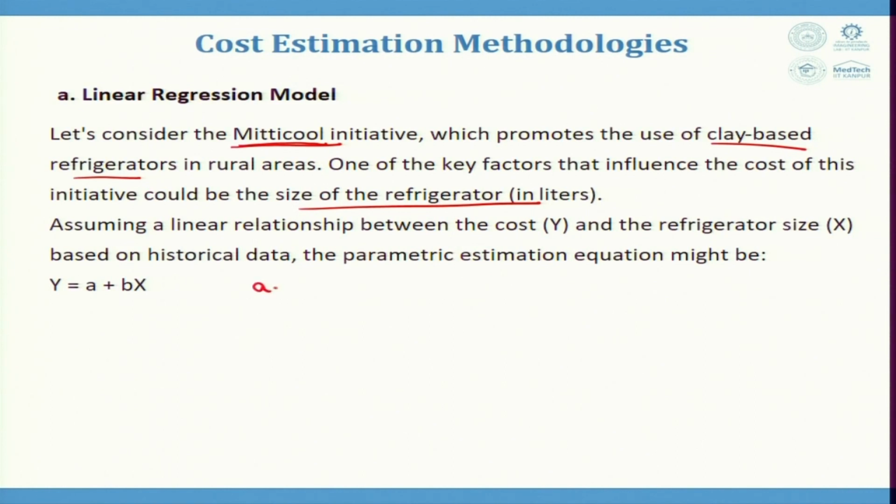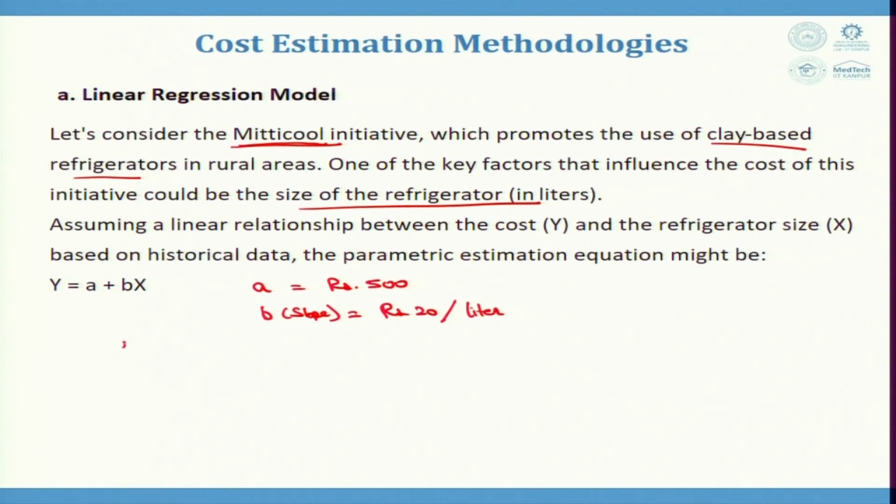Let me say the person has put the value of the y intercept a as rupees 500. That is, even for 0 liter capacity, rupees 500 is the refrigerator base cost, and the per liter cost, which is b, that is the slope, is equal to rupees 20 per liter.